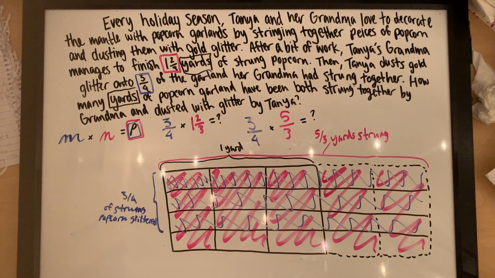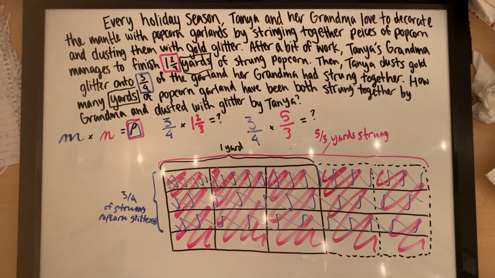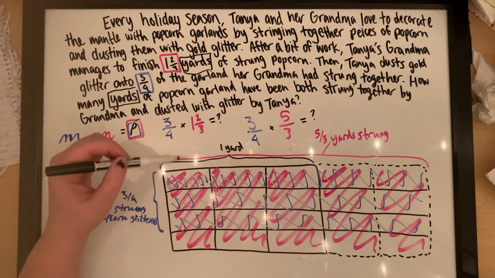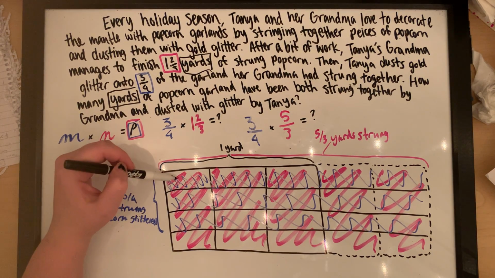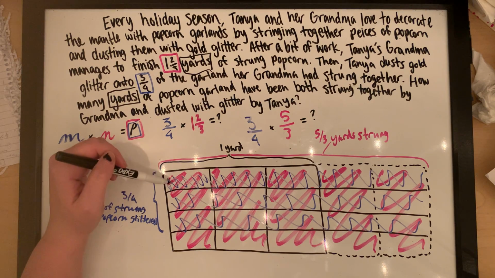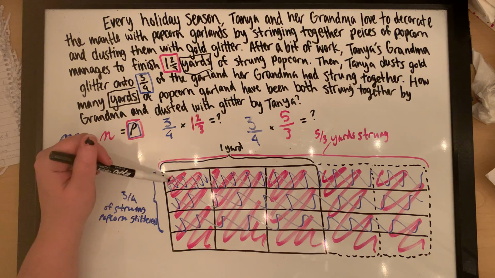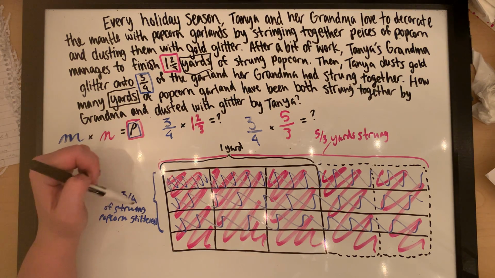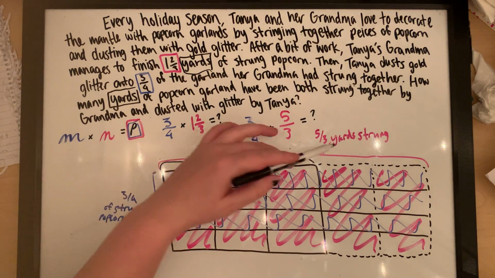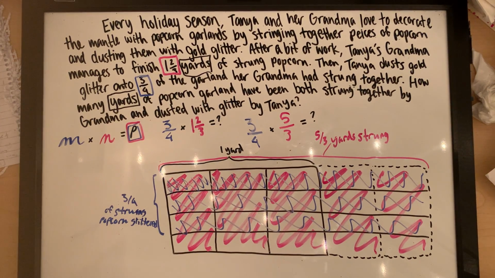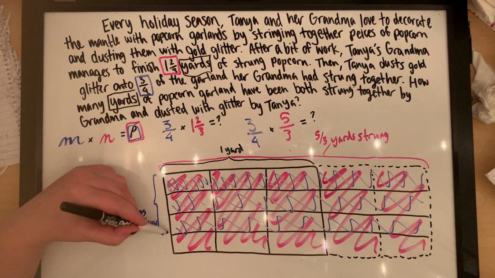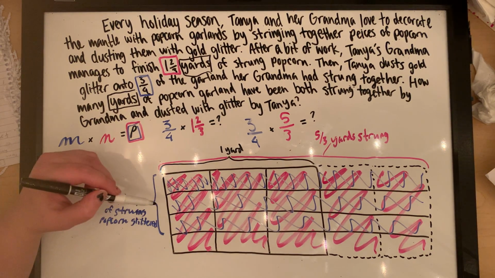So, one way we could solve this is adding up all of the intersecting sections that are both shaded in blue and shaded in pink, representing the sections that have been both strung and dusted with glitter. Or another way we could solve this is just through an array.